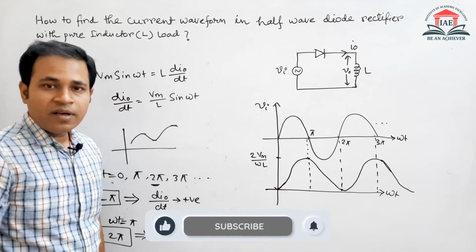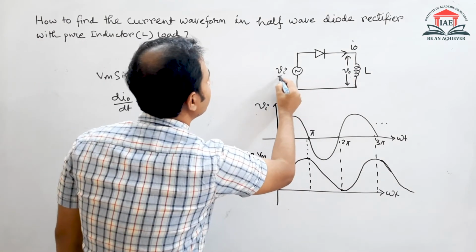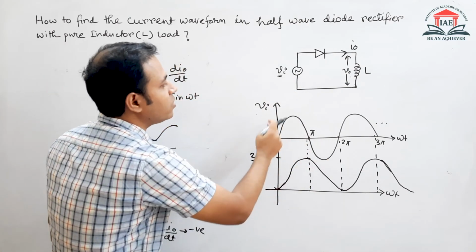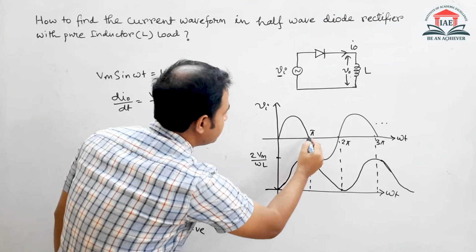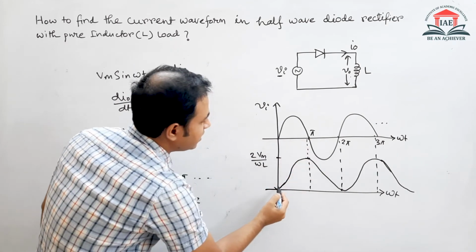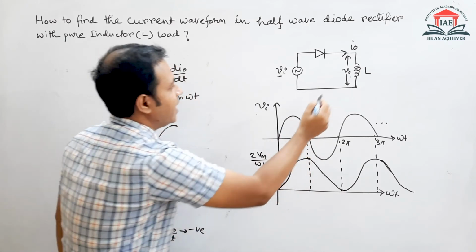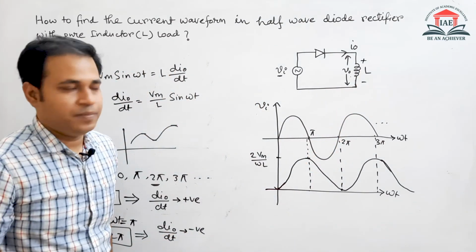Now one more thing, let us see here. The output voltage V0 is equal to the input voltage, so the input voltage will appear across the load also. During this portion 0 to pi, the current is rising and the input voltage is positive. That means this terminal is positive and this terminal is negative.